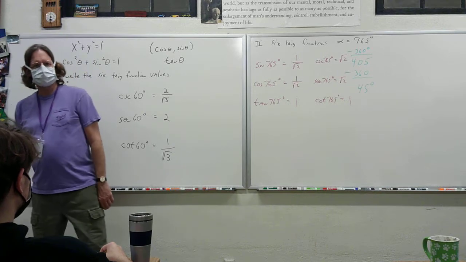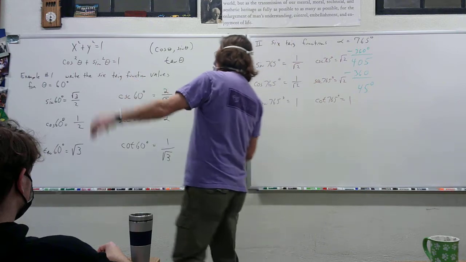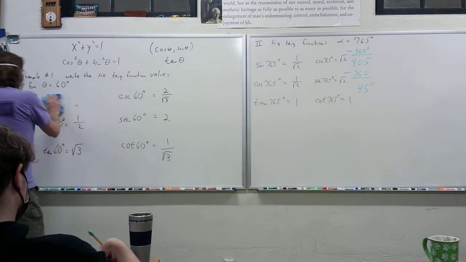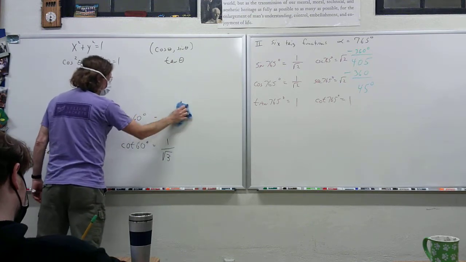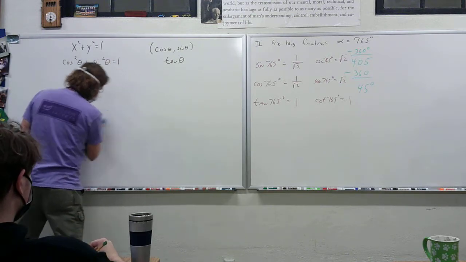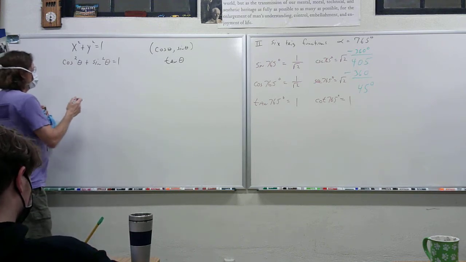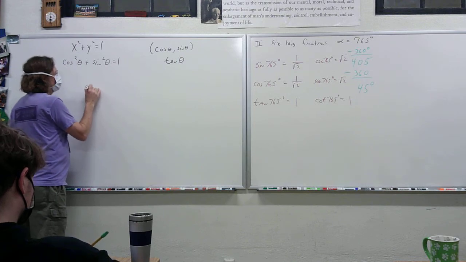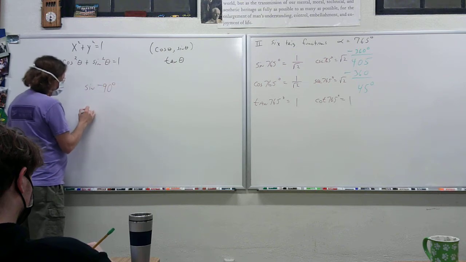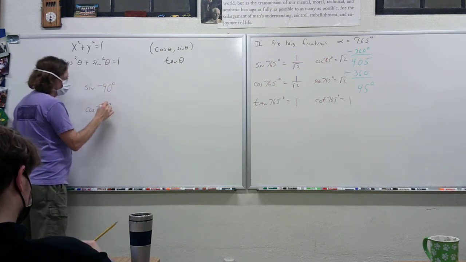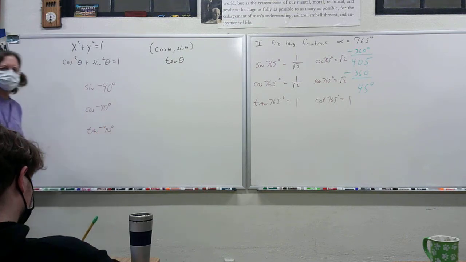Happy? Okay. Now, example 3. I want to know the sine of negative 90 degrees, the cosine of negative 90 degrees, and the tangent of negative 90 degrees.